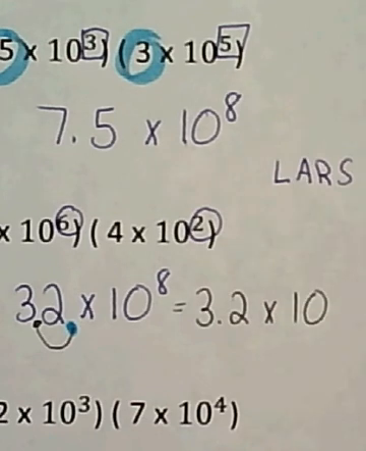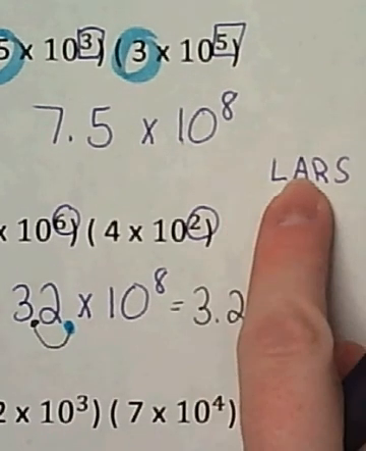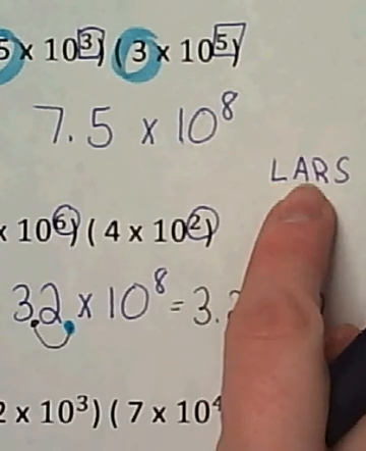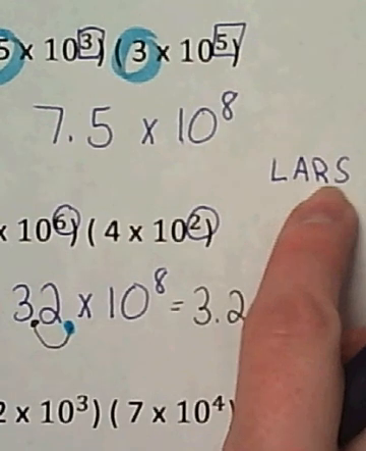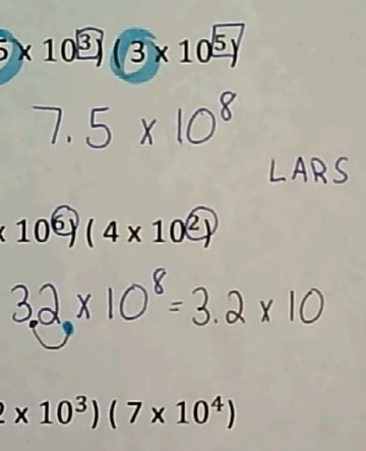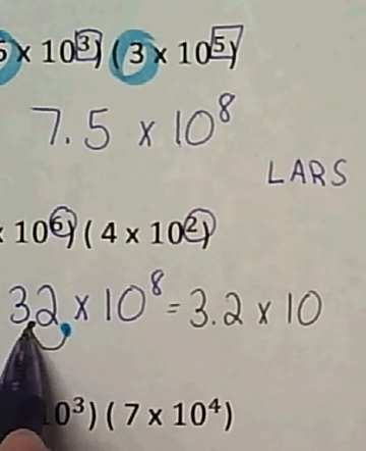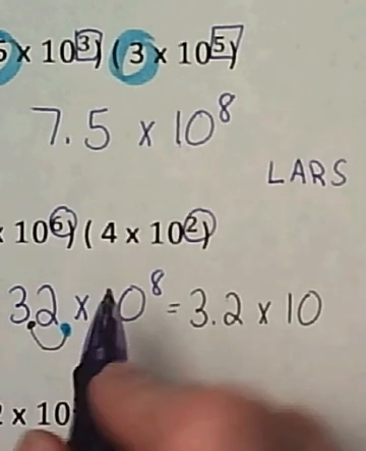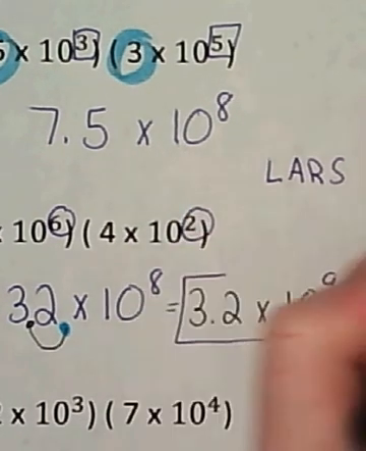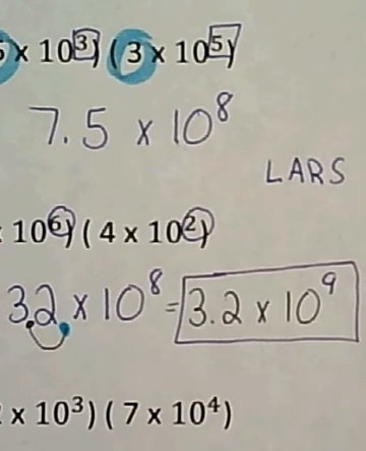LARS stands for left add, right subtract. So if I move my decimal to the left, I add to the exponent. If I move my decimal to the right, I subtract from my exponent. However many times you move the decimal, that's how many times you either add or subtract. So in this case, I moved it 1 time to the left, so I'm going to add 1 to my exponent. So I got 3.2 times 10 to the 9th.